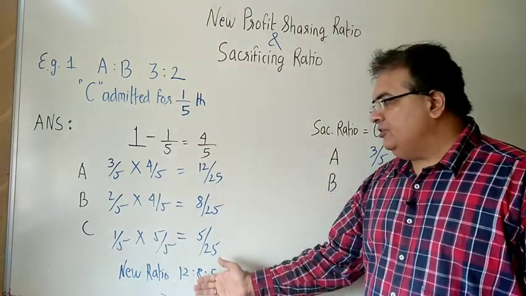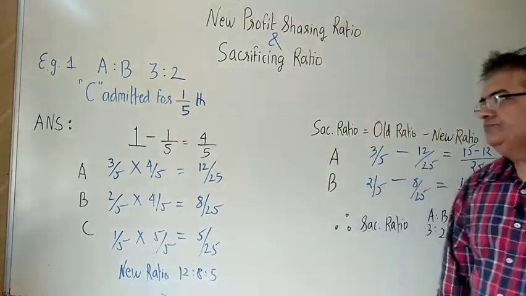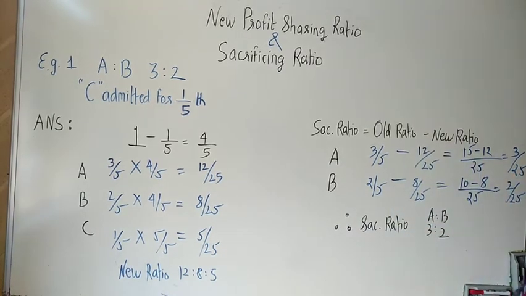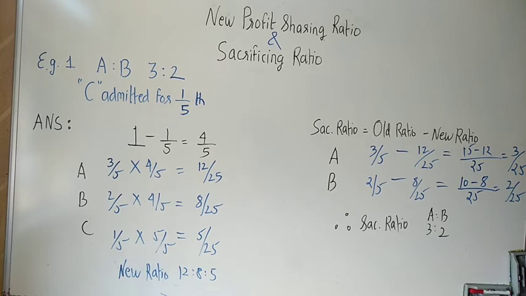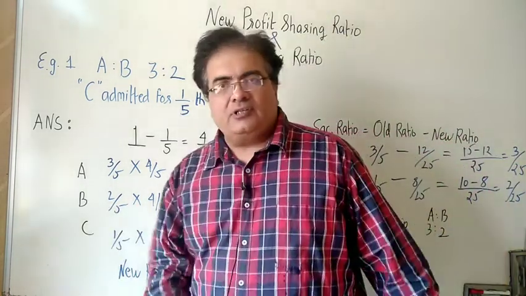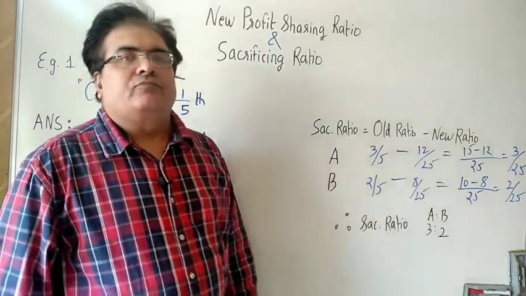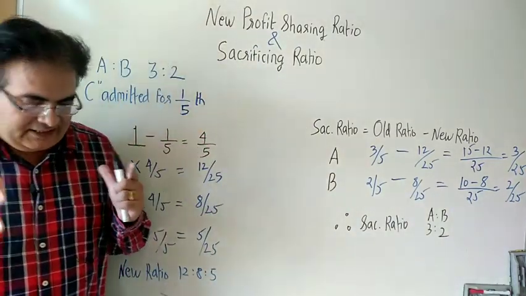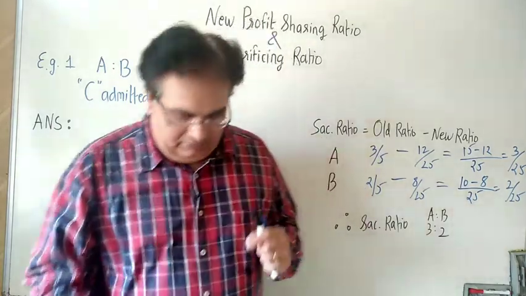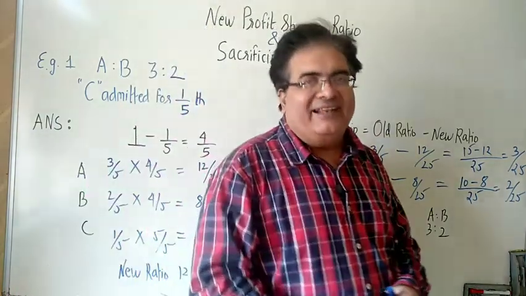This is how we calculate the new ratio. You must be aware of it. Sacrificing ratio is old ratio minus new ratio. You will find all this in the textbooks. But the logical conceptual understanding was the breakup of 100 rupees. That way gives you better clarity.